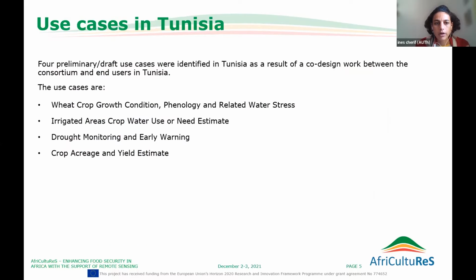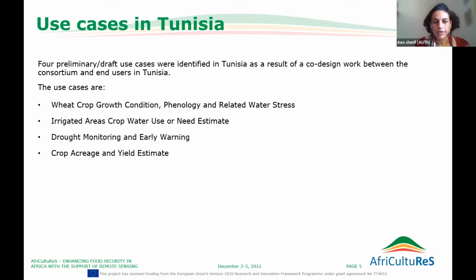After some co-design work with the consortium team and the Tunisian partners, preliminary use cases were defined for Tunisia. Four use cases were proposed: the wheat crop growth condition, phenology, and related water stress; the irrigated areas crop water use and need estimate; the drought monitoring and early warning; and the crop acreage and yield estimate.